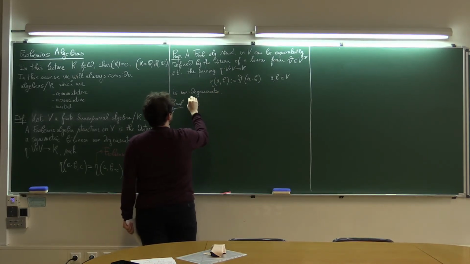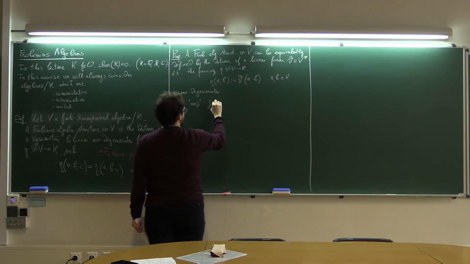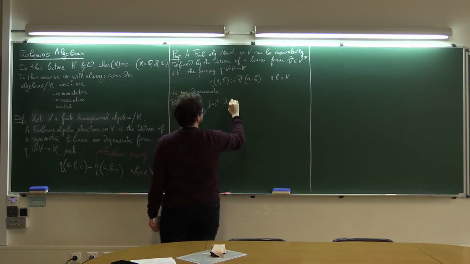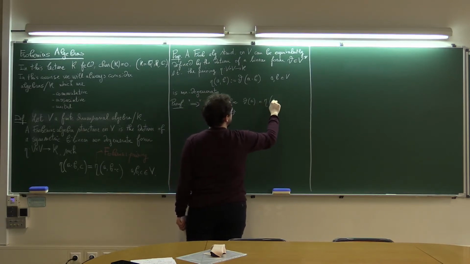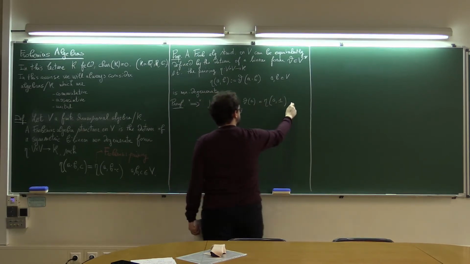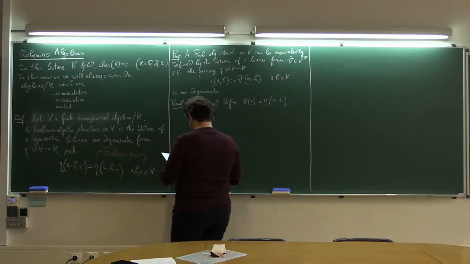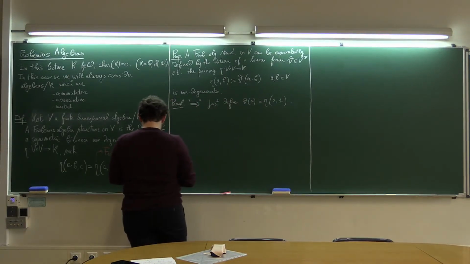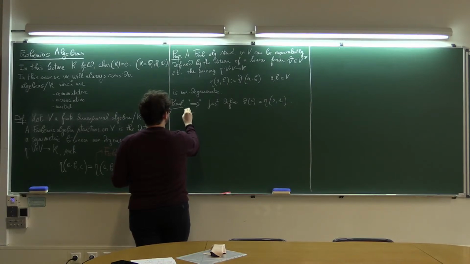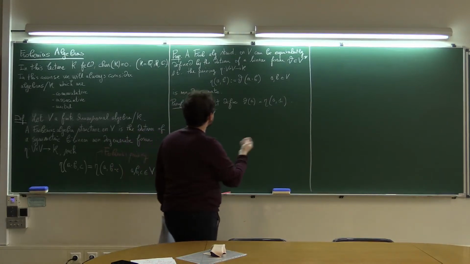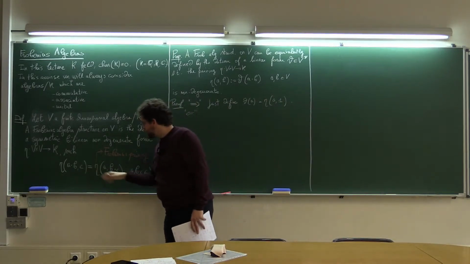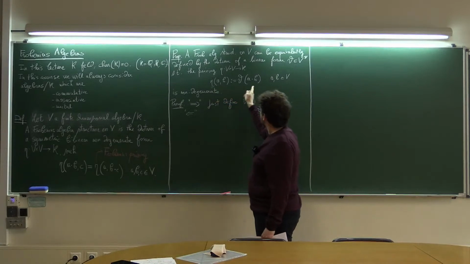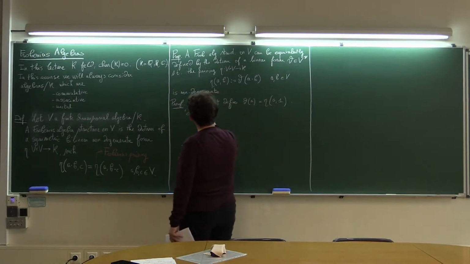So, in this direction, just define theta of A to be eta of A, comma 1. The opposite direction is just a simple check that this compatibility condition by a pairing defined as follows is satisfied. It's just a check.